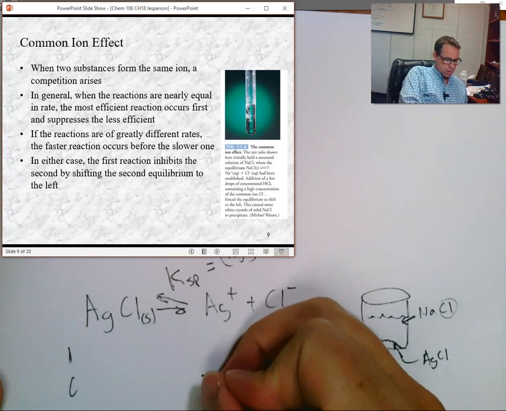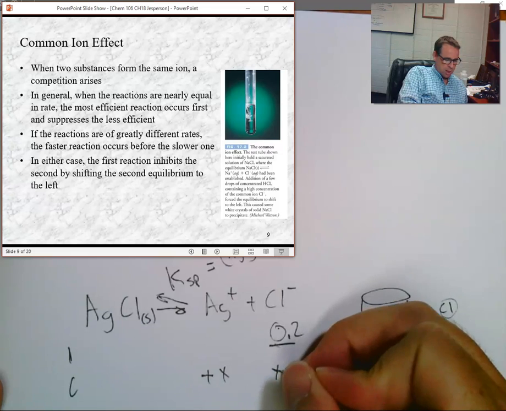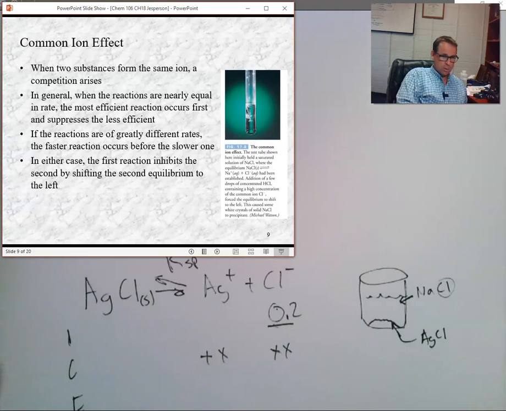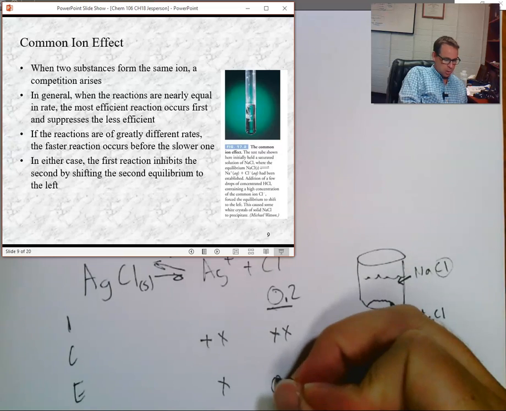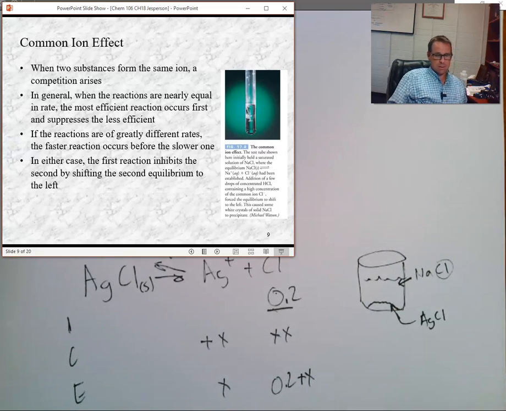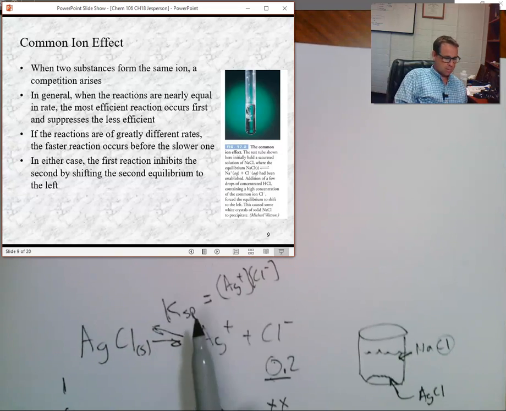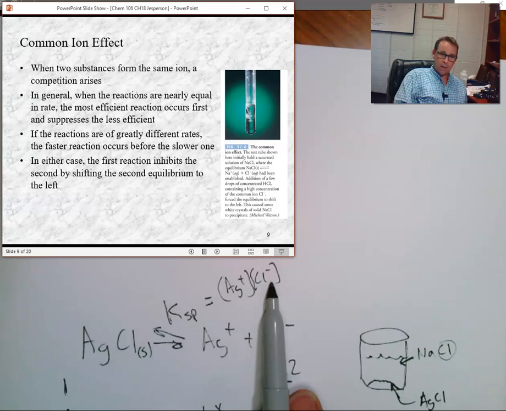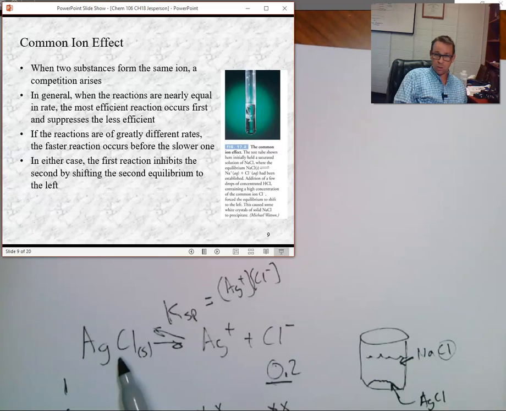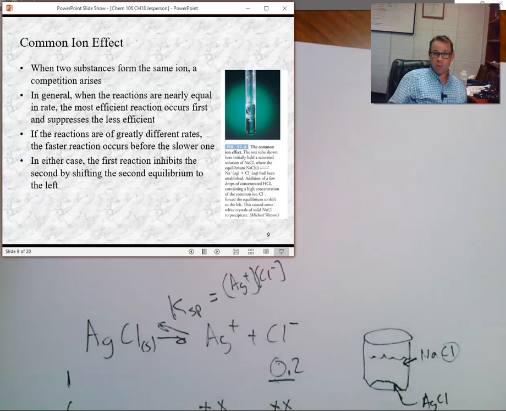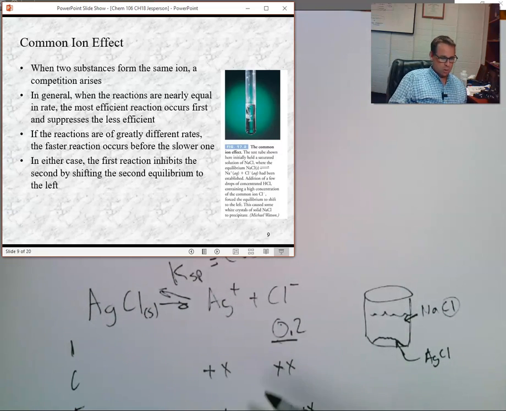The change, you'd still get plus x, right? But the equilibrium concentration would be x, and this would be 0.2 plus x, okay? And because of that 0.2 plus x, that concentration of chloride ion is going to alter the amount of silver chloride that will actually dissolve, okay? So this is a way to keep silver or heavy metal ions in solution by increasing the salt concentration in the water itself, okay?